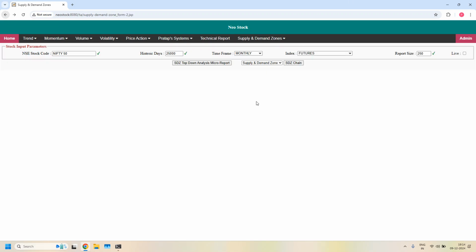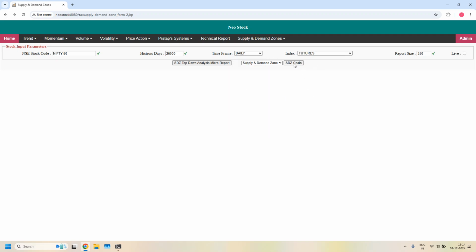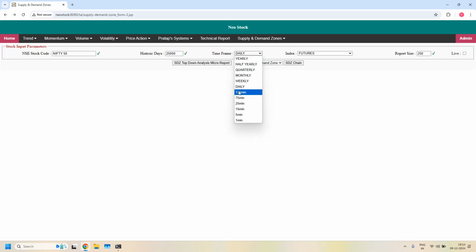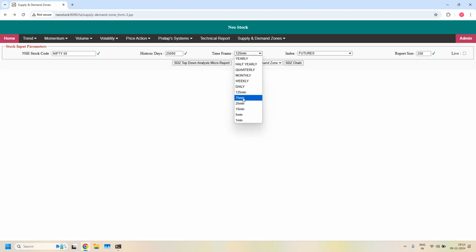Okay, next, generating weekly supply demand zone chain for NIFTY. Next, daily supply demand zone chain for NIFTY. Next, 125-minute supply demand zone chain for NIFTY. Next, 75-minute supply demand zone chain for NIFTY.